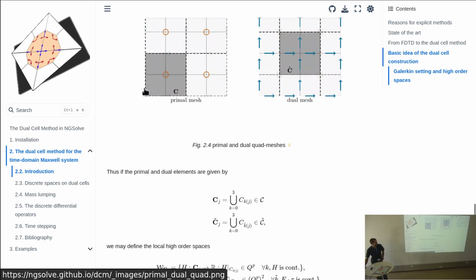So we have these primal elements on this mesh, and we have these dual elements on this mesh, and the intersections of them are what we call cells. This is why we call this method the cell method, because the whole mesh is composed out of these small cells, and out of these cells I can either construct this primal mesh if I join these four smaller cells, or I can construct the dual mesh if I join these cells.